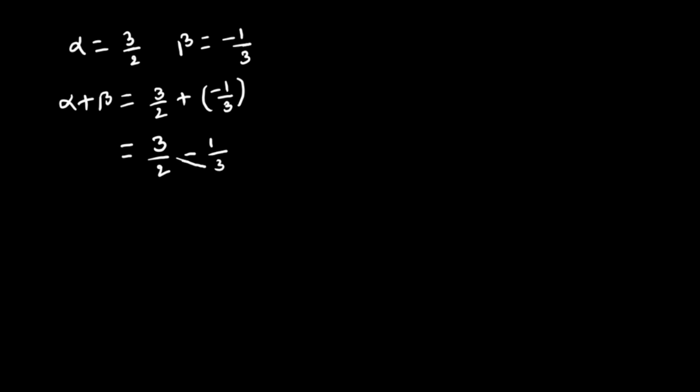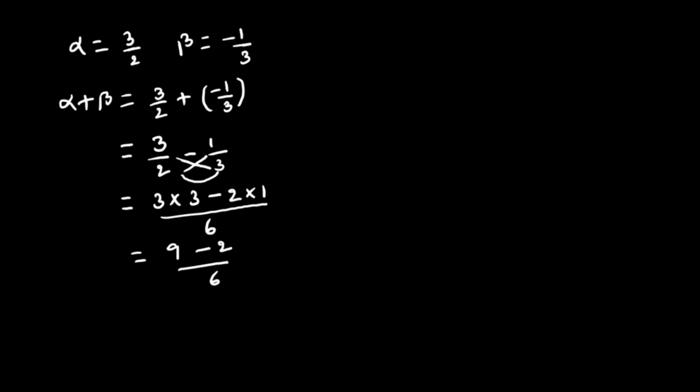So take cross multiplication: 3 into 3 minus 2 into 1, divided by 2 into 3 is 6. So 3 3s are 9, minus 2 1s are 2, by 6. That equals 7 by 6.